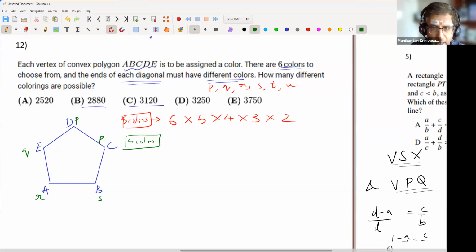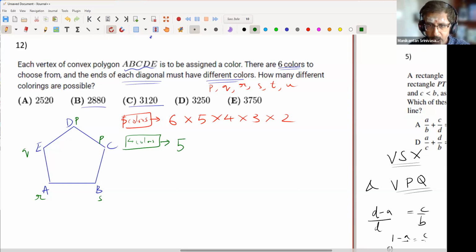Let's just visualize, right? So the first choice would be, which is that edge which will be the special one where both the vertices will have that same color. There are 5 edges to choose from. Like A, B, B, C, C, D, D, E, and E. So which is the edge which will have the same color on both the endpoints? So that's 5 choices.